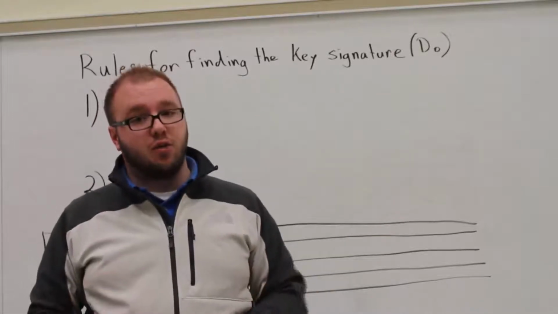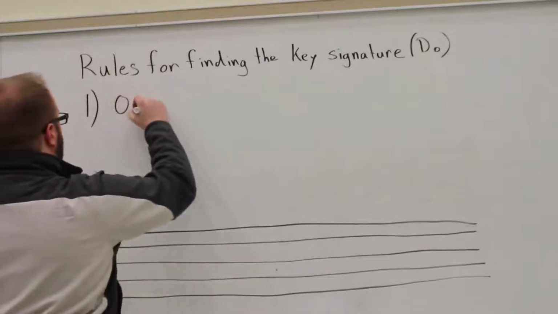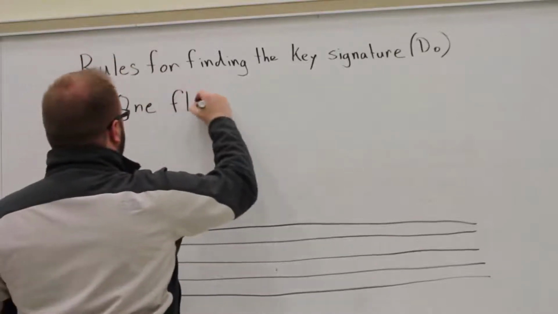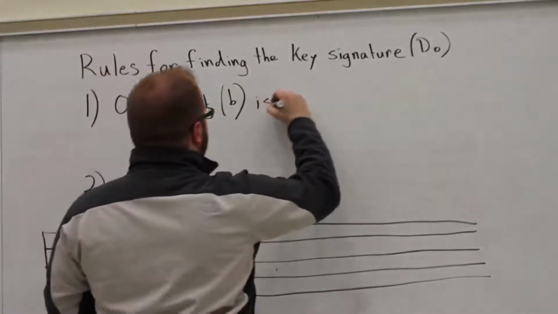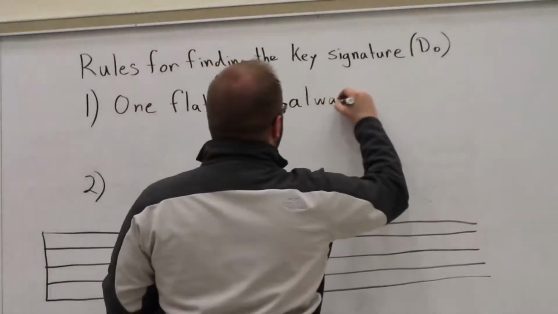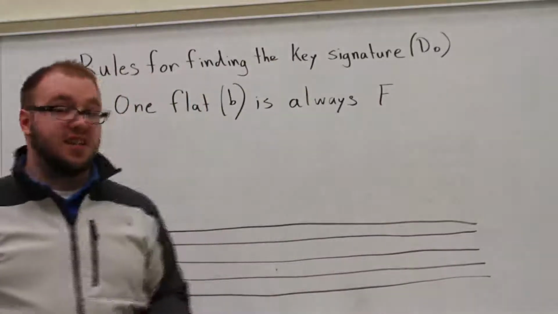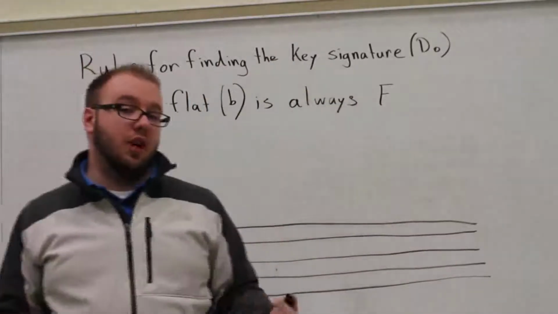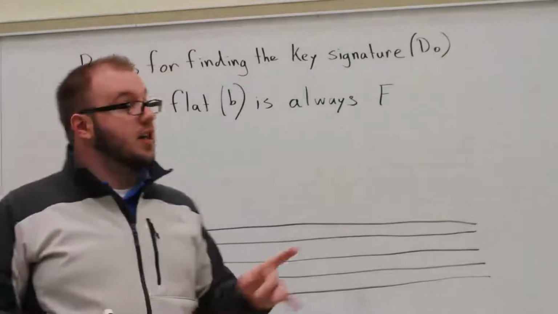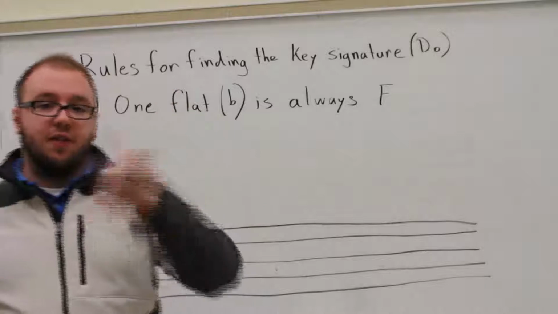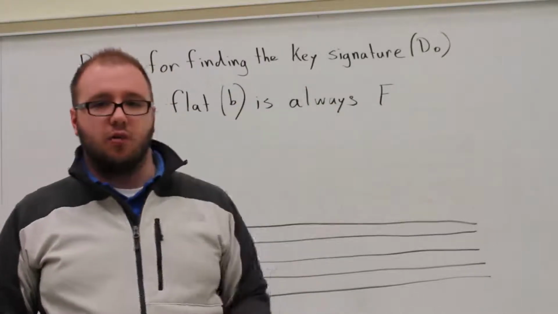The first rule is this: one flat is always the key of F, or F is do in this case, because in choir we like to find out where do is so we can sight read accurately. So when you see one flat in the key signature, it is always F. So memorize that and you'll be golden.